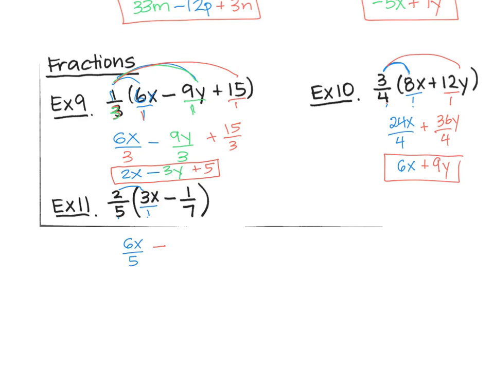The next one's already a fraction, so let me multiply the top. 2 times 1 is 2, and then 5 times 7 is 35. Now 6 divided by 5, that doesn't divide evenly. 2 divided by 35, that also doesn't divide evenly, so I'm going to leave it as a fraction. And even though you might not like the way this looks, this is my final answer.